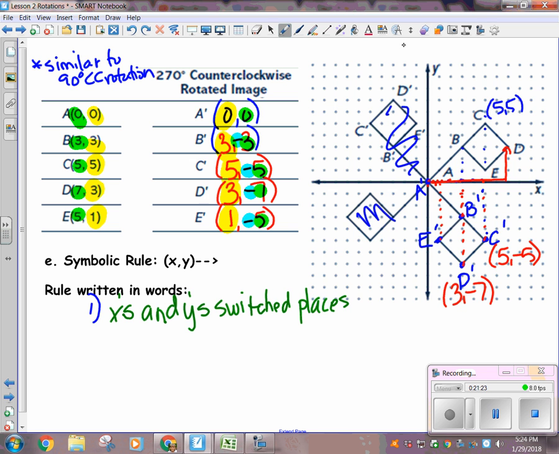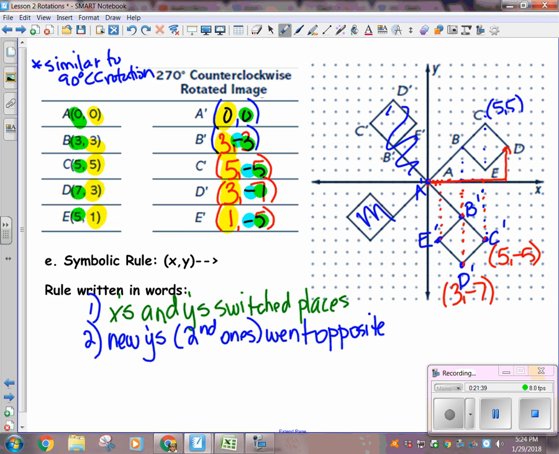And the second thing that happened is what? The new Y's, which are the second ones, they go opposite. So we're trying to devise the rules. Now what do we say?